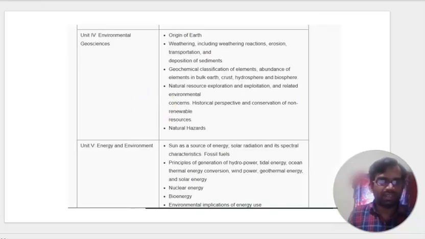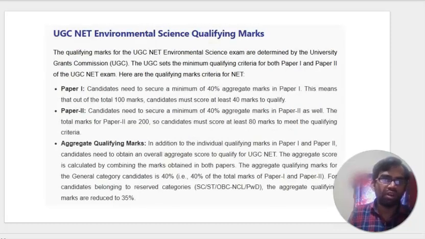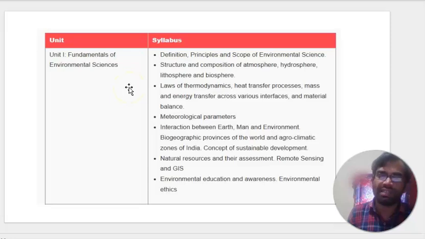Next coming to the syllabus for the UGC-NET. This is the qualifying marks. Next, exactly what is the syllabus in UGC-NET Environmental Science? Unit 1 is Fundamentals of Environmental Science, and it has subtopics.